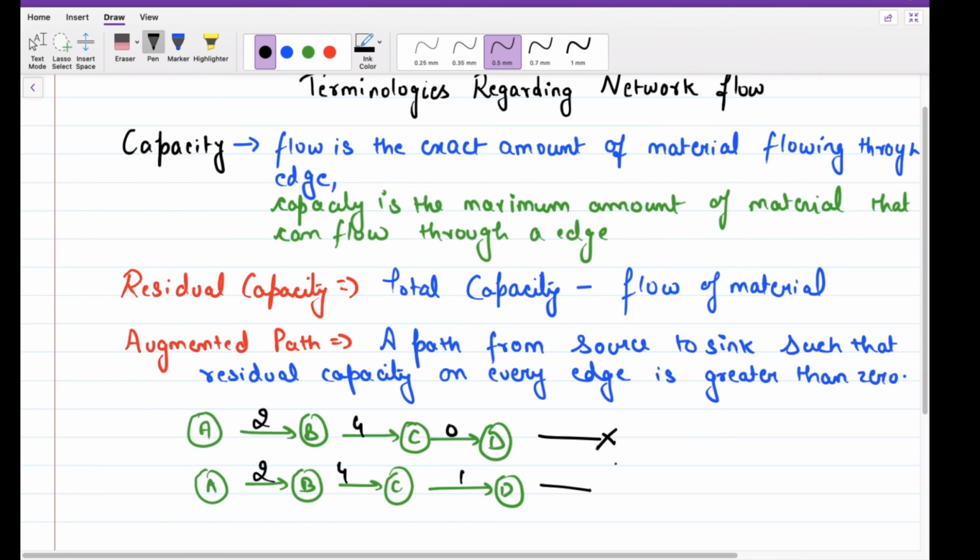Here you can see the flow from A to B is 3, from B to C is 10, from C to D is 2, and from D to E is 4. For this augmented path, the maximum flow will be the weight of the edge with minimum capacity, or the minimum flow. Here you can see the edge with minimum weight is 2. So for this augmented path, the maximum flow will be 2.